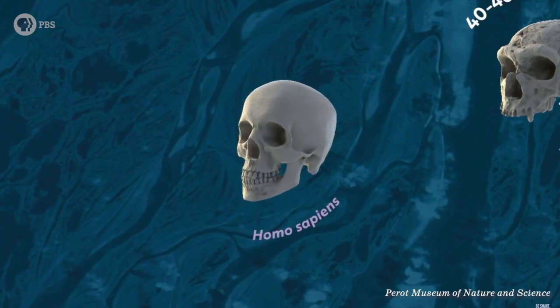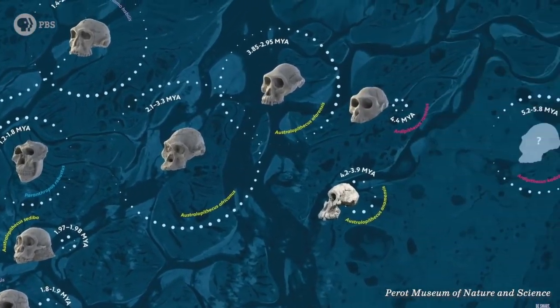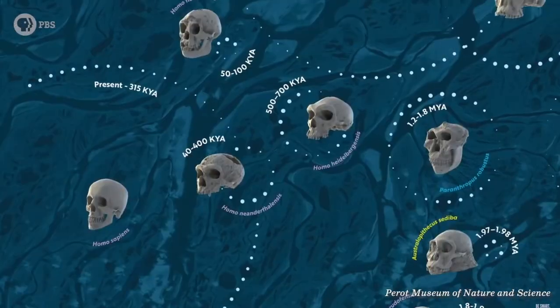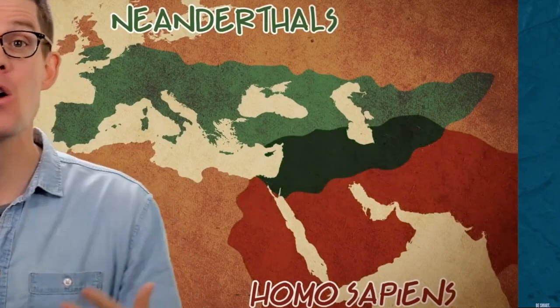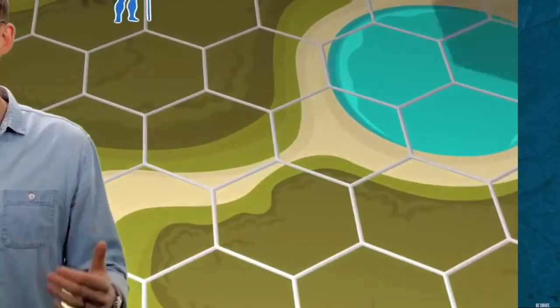Because the idea of a march of progress makes the story of humans really weird. No? It makes us seem really strong. It's not the case. If you look at the different hominin groups that have existed, we're not the strongest of the bunch. We're not the smartest of the bunch.